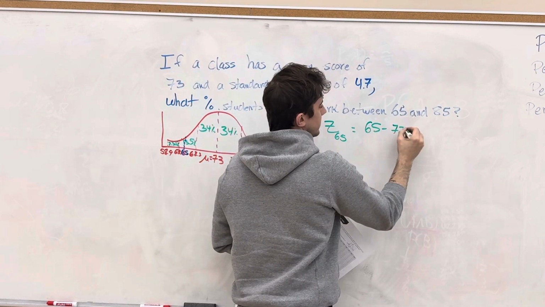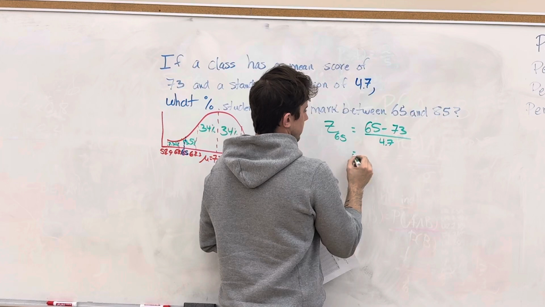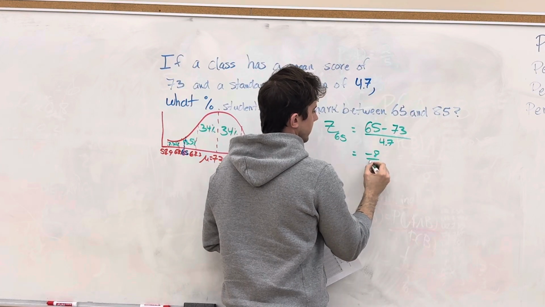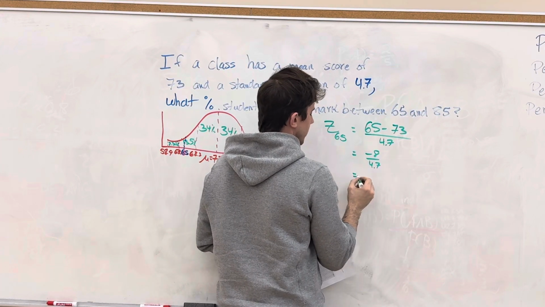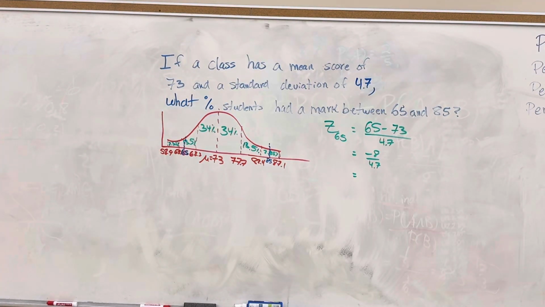So 65 minus 73 divided by our standard deviation. And that means negative 8 divided by 4.7, which is, I'll need a calculator, negative 1.70.